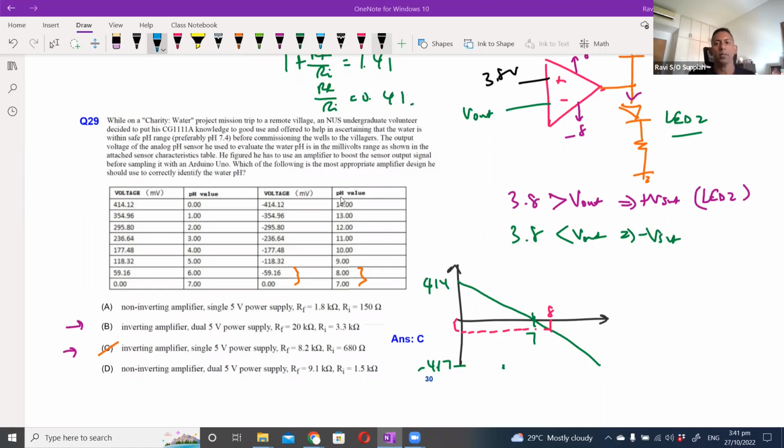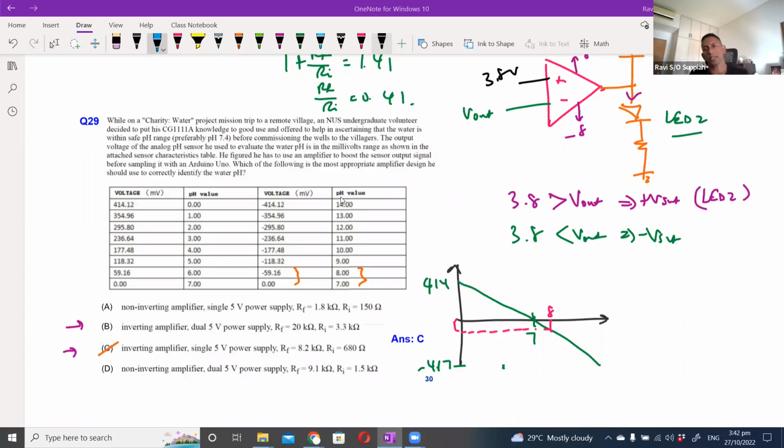I think the two possible scenarios are, first, if you're going to do A to D conversion, because for A to D conversion you want all your values to be positive. So if the actual value that you're getting from the sensor is negative, then you want to invert it. The other scenario is if I'm passing the signal through to a comparator, then you may also want to invert it.